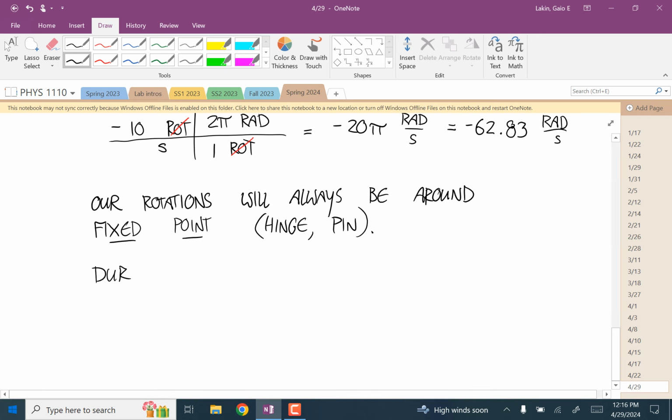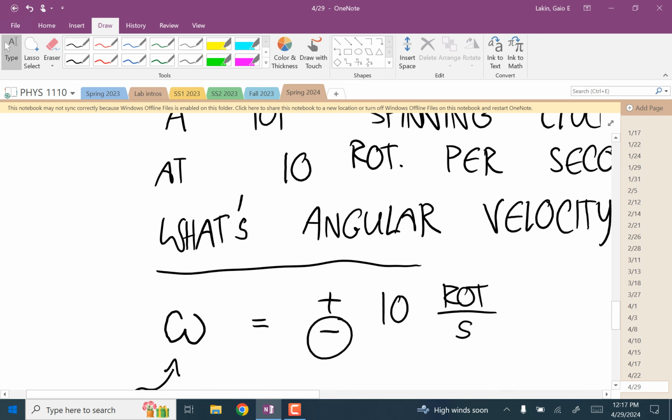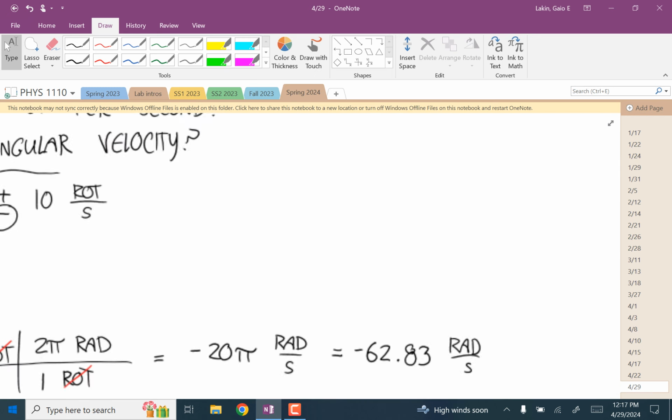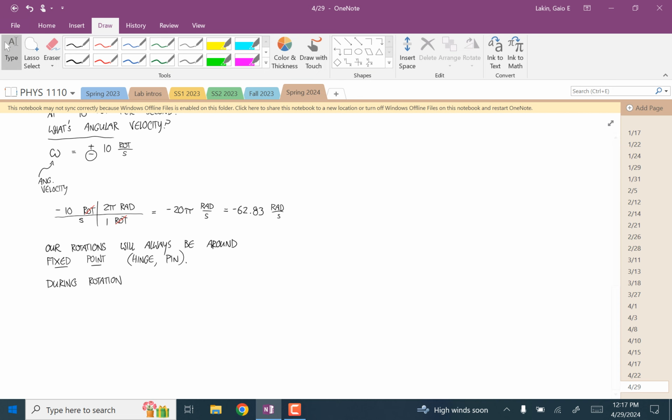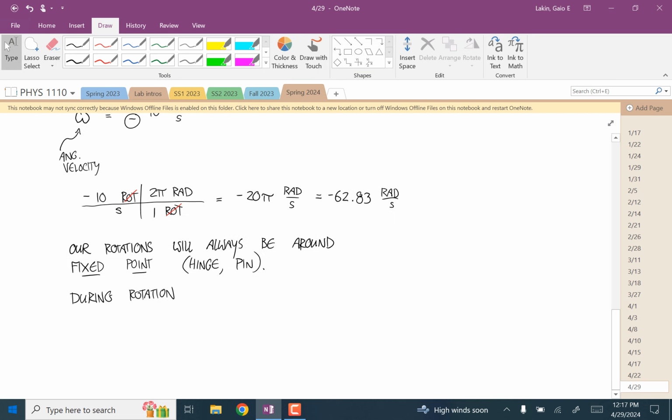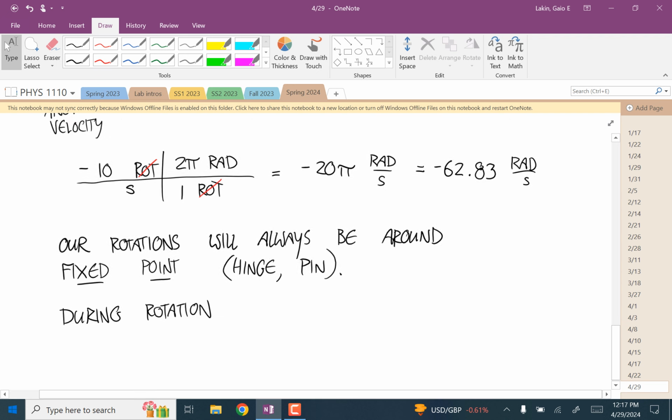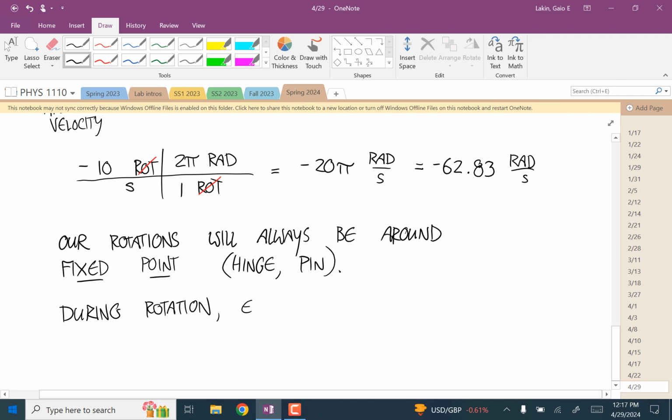During the rotation, every point on a rigid body has a different velocity vector. Okay, so every point on the rigid body has a different velocity vector.